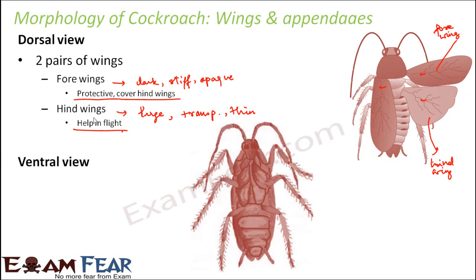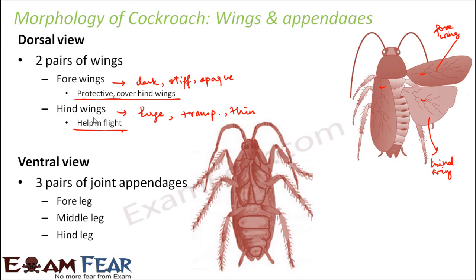Now let us look at the ventral view. From the ventral view we can more clearly see the appendages, that is the legs. They have three pairs of jointed appendages, or jointed legs as we call them: foreleg, middle leg and hind leg. Obviously, this is the foreleg, this is the middle leg and this is the hind leg.